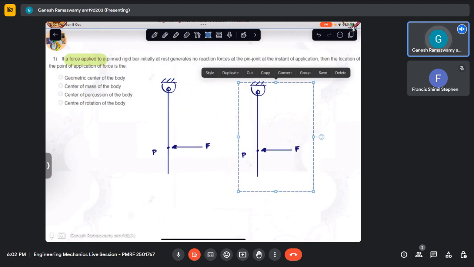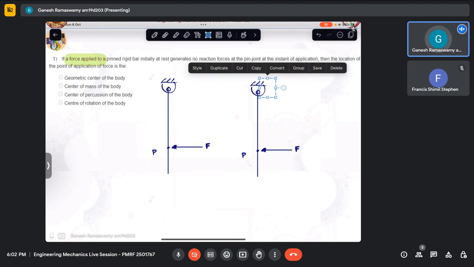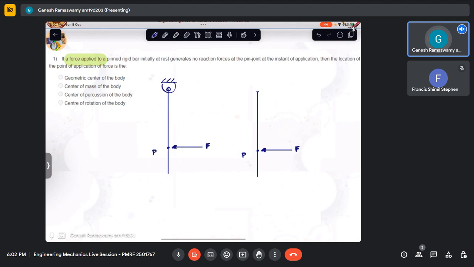If I have to draw the free body diagram for this, I need to eliminate the pin there, and we know that the pin has two components of forces because it is resisting translation. So let this pin be called A. This will be AY and this will be AX. Needn't be in this direction, but I'm just taking it to be so as of now.